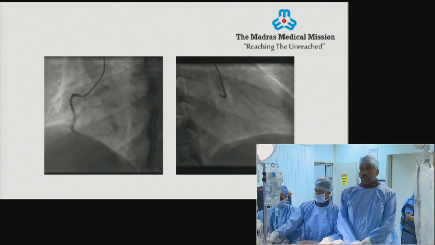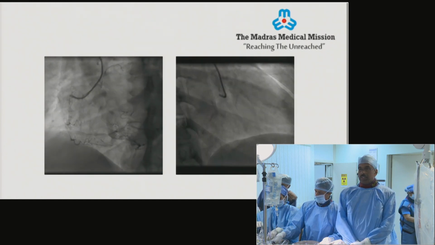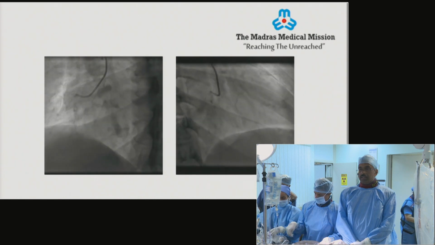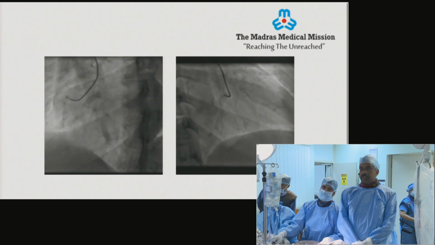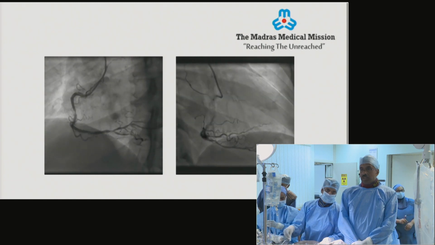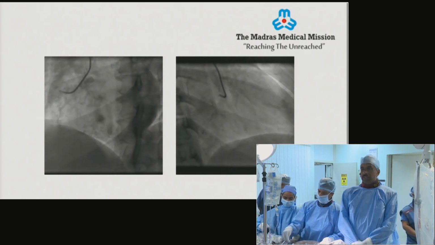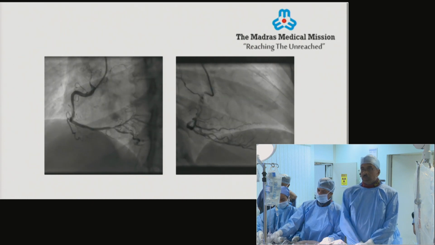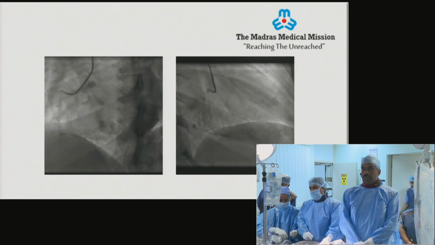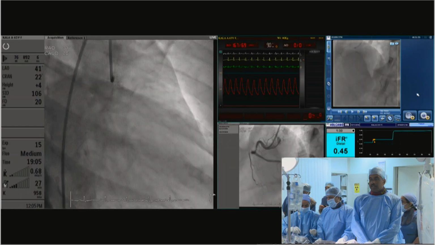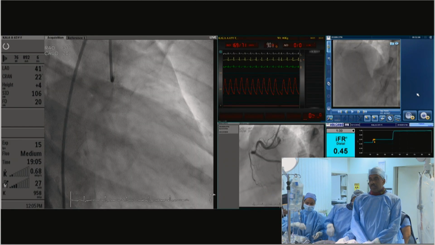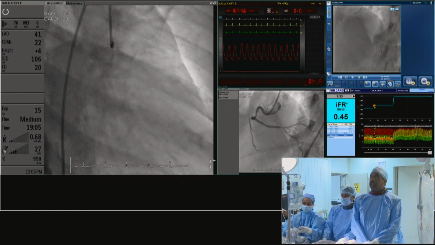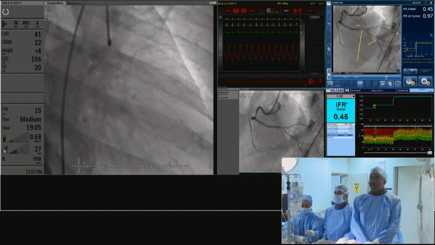And then you go to the right, and you can see in the right that there is a lesion in the mid segment and in the distal RCA and PDA. So there are tandem lesions in the right, and if you can show today's pictures again. We've given some nitroglycerine, show the first 3 shots. The left coronary, please.